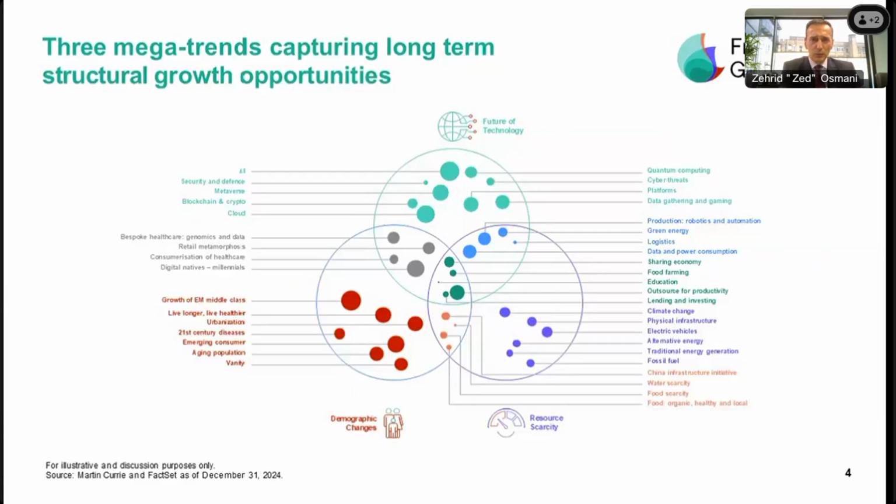And you can see from this assessment that we have a good diversification across the three mega trends. The larger the circle that you see here, the bigger the theme that is attached to that circle is expressed in the trust. So you can see very quickly, visually, some of the themes that we favor.